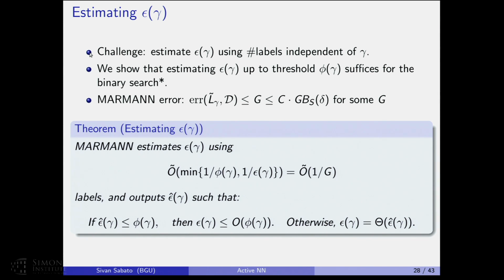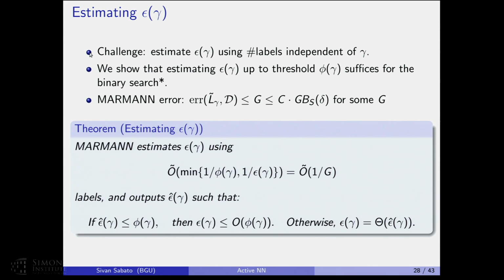I don't know which is the right scale, but I can make sure that I never waste more labels than what I am willing to waste for the true scale, which I don't know. This is a bit of a delicate thing that needs to be done, but it can be done.